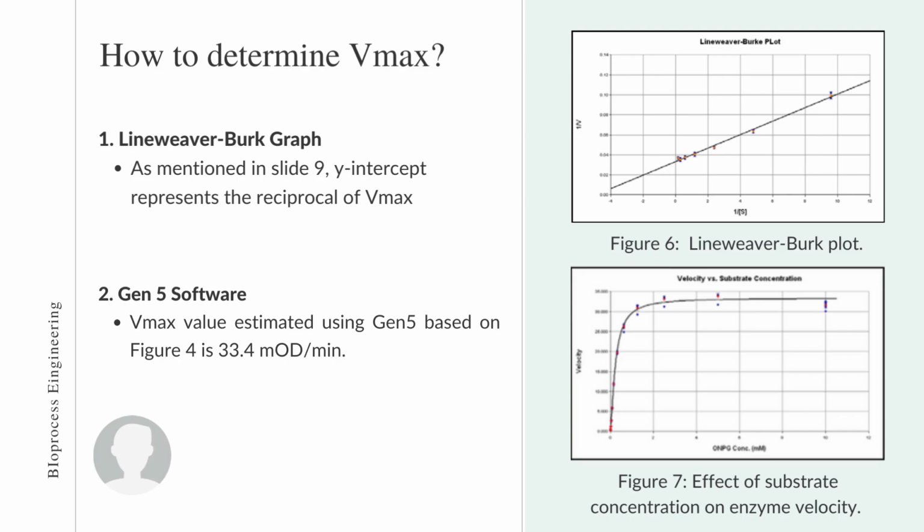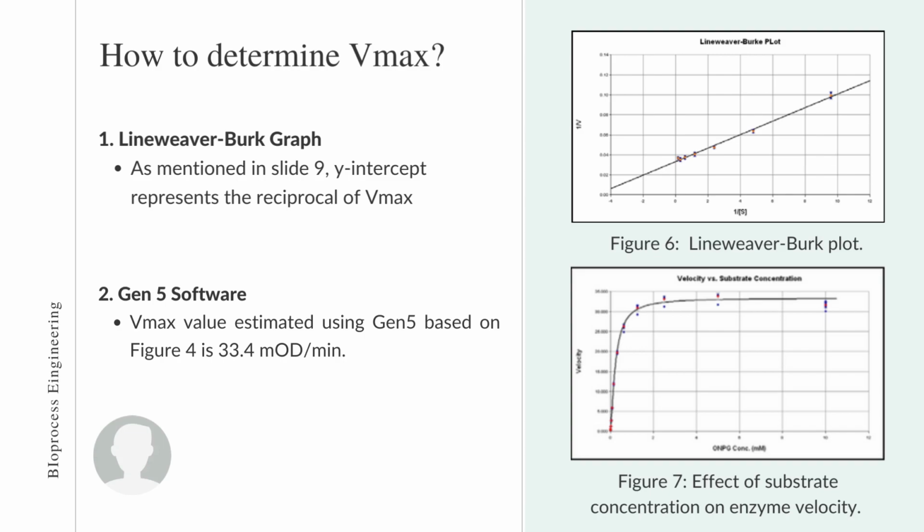To determine Vmax, the Lineweaver-Burk graph was used. As mentioned in slide 9, the y-intercept represents the reciprocal of Vmax and was found to be 0.039. The case study also utilized Gen 5 software to simplify the routine data analysis, and hence, based on figure 7, Vmax was estimated to be 33.4 milliOD per minute.